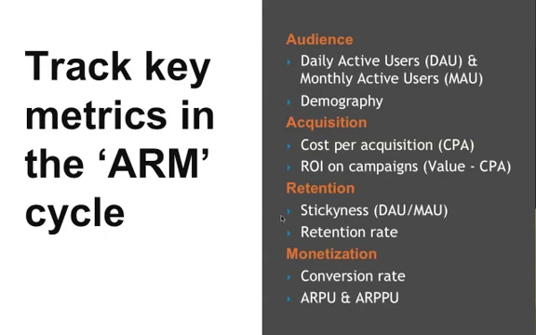Important to measure and follow because it obviously tells you how your app's doing. Demography, which goes into understanding where your users are coming from, which demography, what kind of devices they are using, what kind of operating systems they are using. Again, important key things to understand.